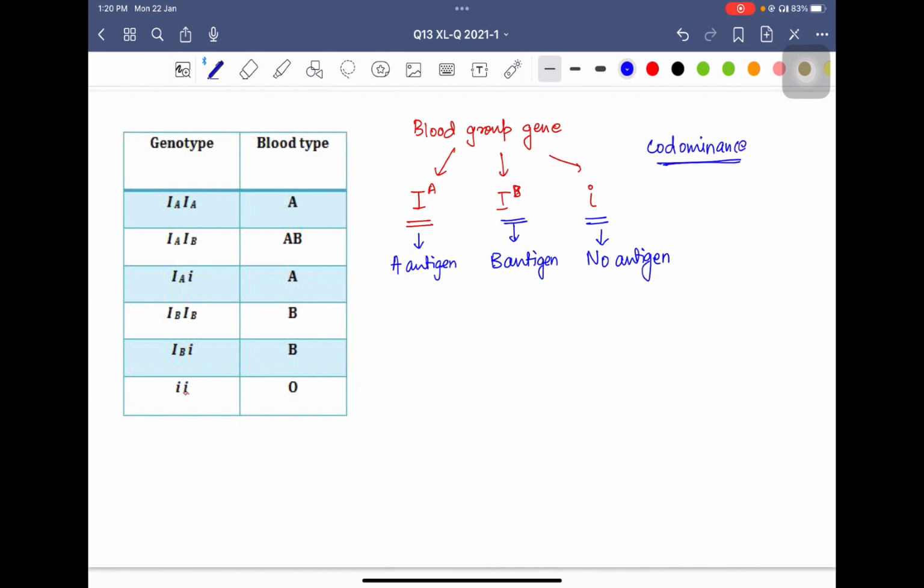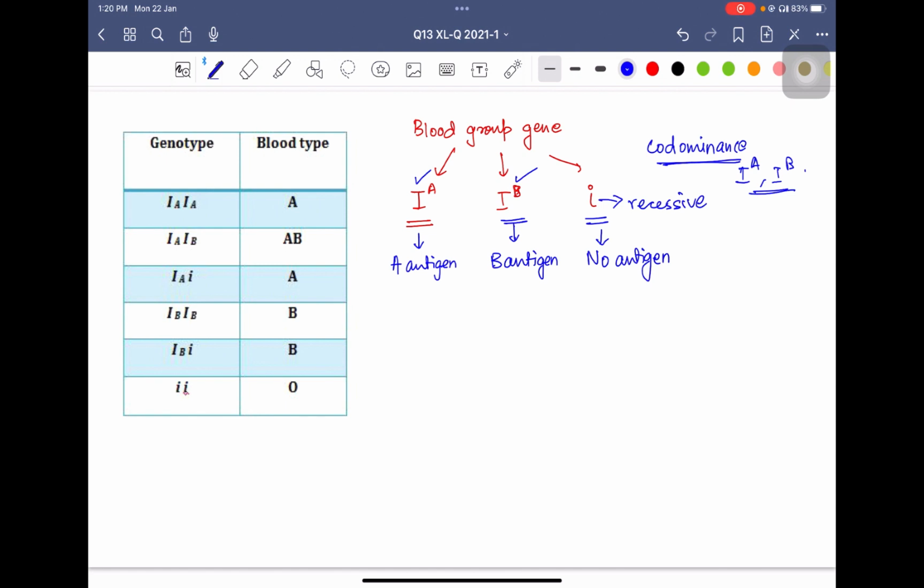So actually IA and IB are dominant, which means that these two alleles are codominant, and small i is the recessive allele. But IA and IB are codominant alleles.